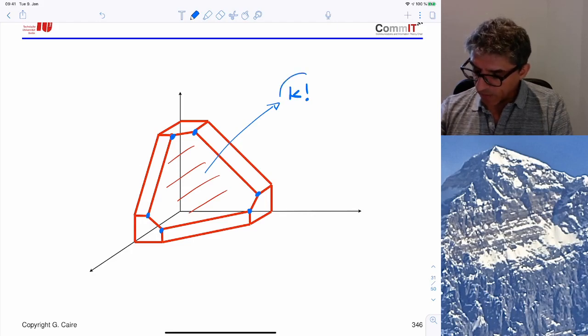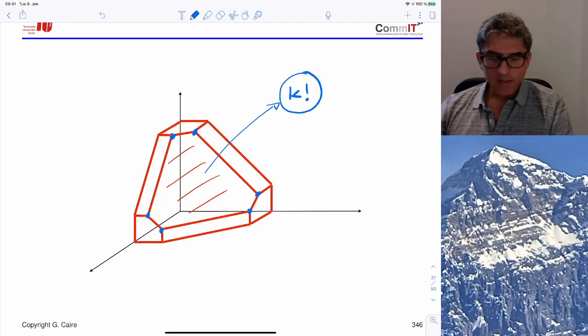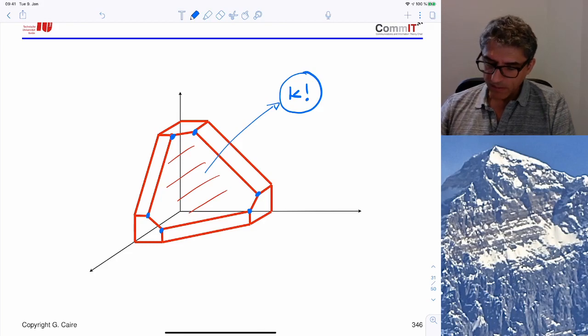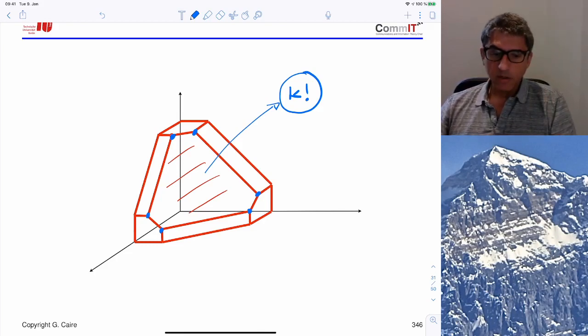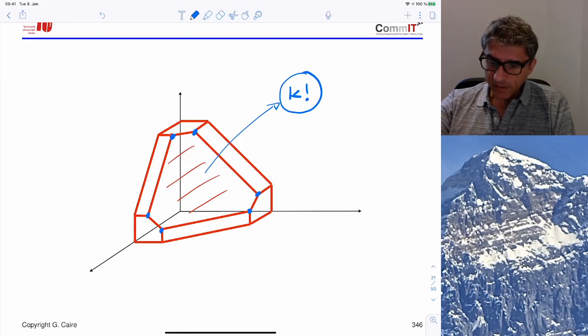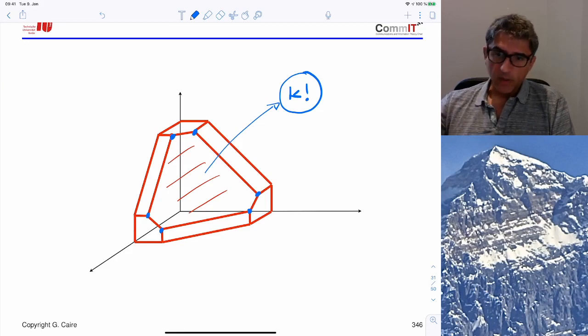And this k factorial is not by accident, because if you remember the successive interference cancellation that I was mentioning before, it turns out that successive interference cancellation depends on the order in which we decode the users.